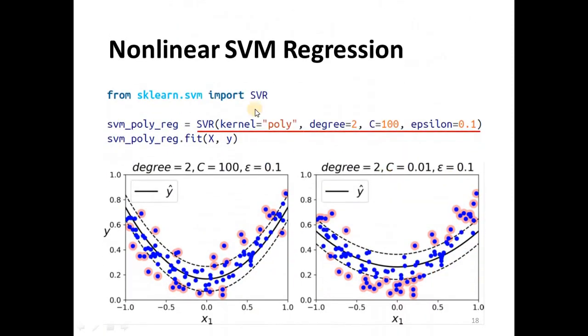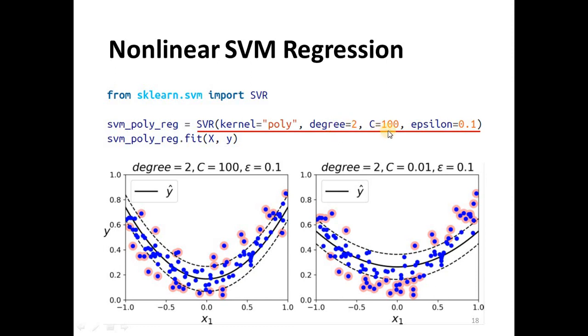There is also nonlinear SVM regression, and you use the SVR class with, for example, kernel equals polynomial. Here we're trying to fit these samples with a polynomial of degree 2.